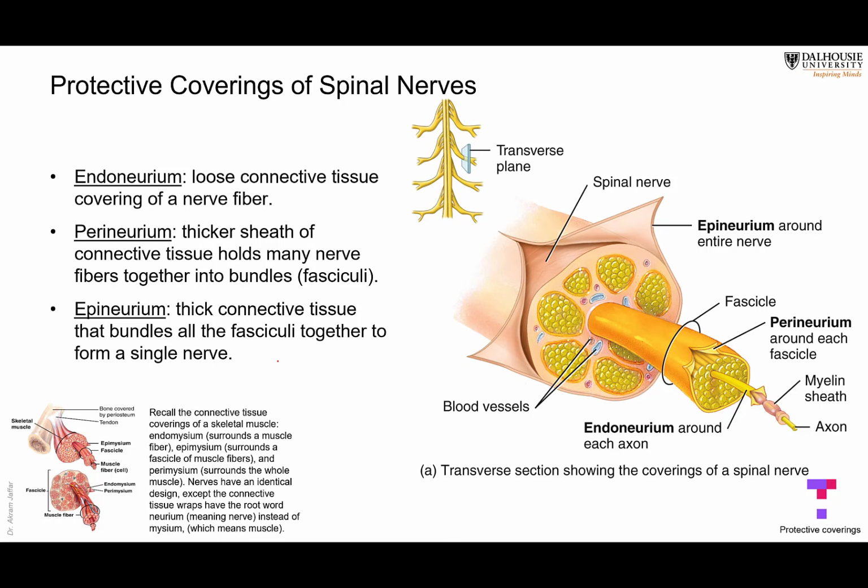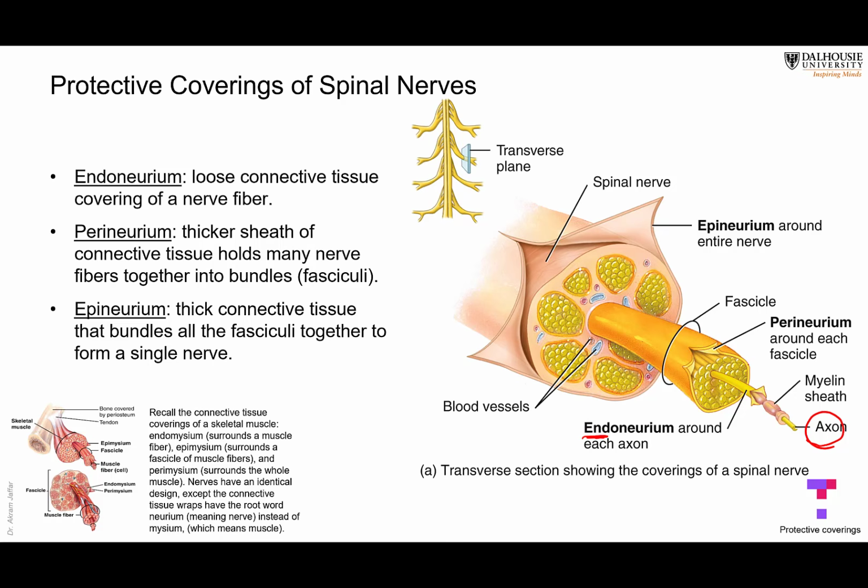They are covered by connective tissue. So there is a connective tissue covering each axon, each nerve fiber, like there is connective tissue covering each muscle cell. And this covers the axon, whether it is myelinated or unmyelinated. It is covered by this connective tissue, which again has the same name. But here the difference is that we use neurium, so endoneurium instead of endomysium.